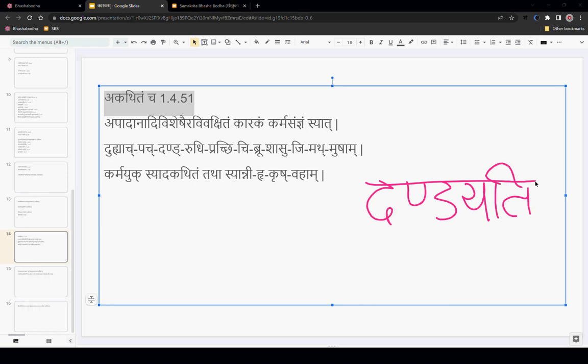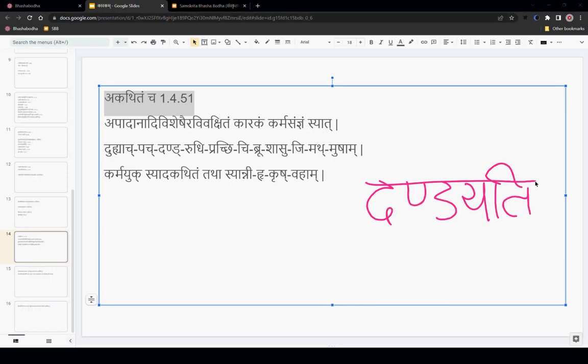Generally such usages are also found in English. We are fining the thief, right? Fining the thief 100 rupees. Sometimes we use it like that, either you say by 100 rupees or just 100 rupees. Some are directly translatable like that, but that's why I'm not getting into translation. In Sanskritam, that karaka is not intended.